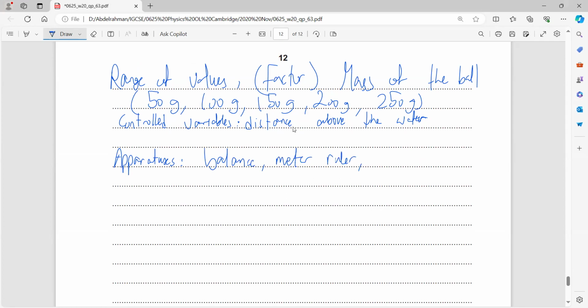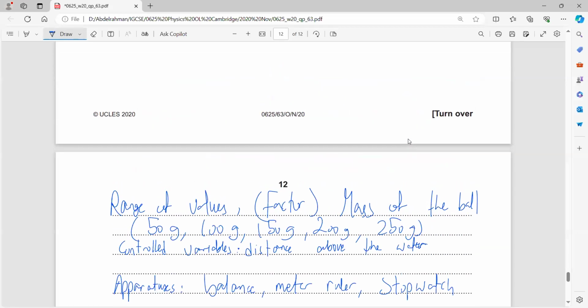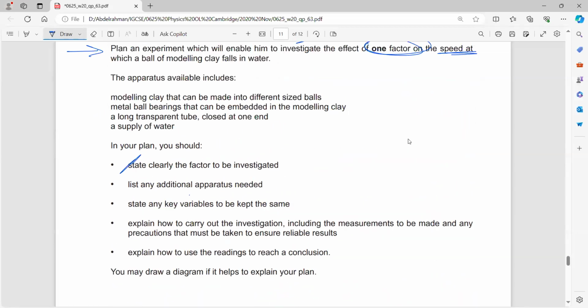There's one very important apparatus you must write down in this question. What is it? Stopwatch. Right. You have to write down the stopwatch. These are the apparatuses and the controlled variables.